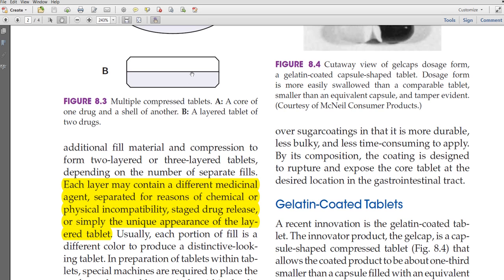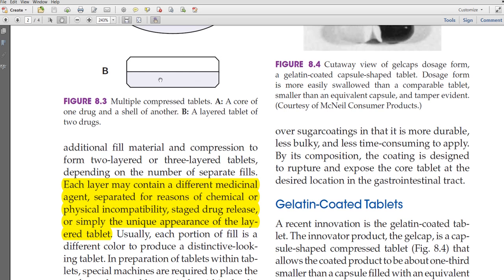Or just the appearance. Some tablets are produced as multiple layer tablets, and the reason is we want the tablet to appear in different colors. So how can I make one half of the tablet a color and the other half another color?